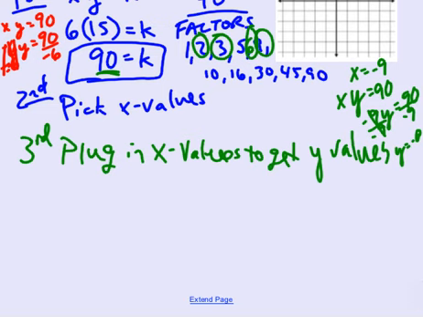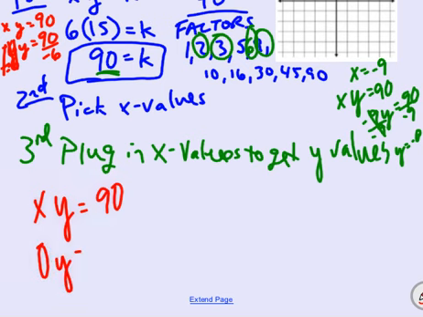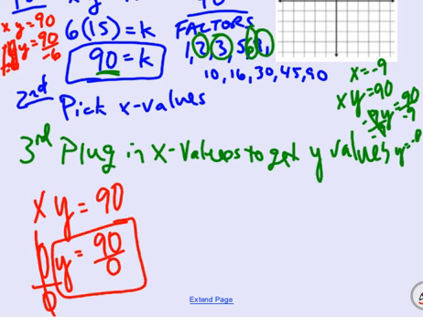Now there's one other one, and I'm going to show it to you on the bottom here. In the middle, I have to start with 0. So if I had xy equal to 90, and I have 0y equal to 90, divide by 0. If you remember, division by 0 is called undefined.